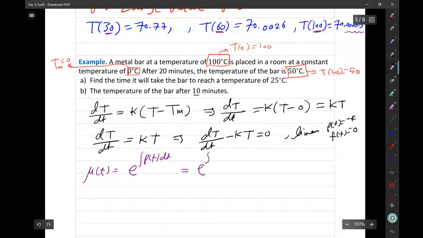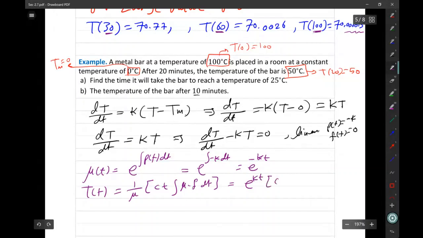So it becomes e to the power integral of -k dt, which is e^(-kt). Now T of t equals 1 by mu times c plus the integral of mu times f with respect to t, which is equal to e to the power kt times c plus the integral of mu times f of t.